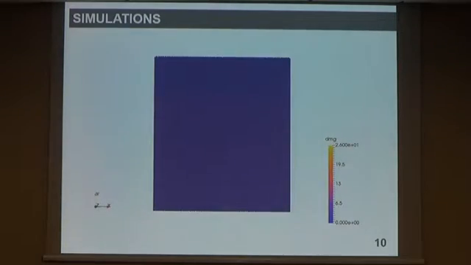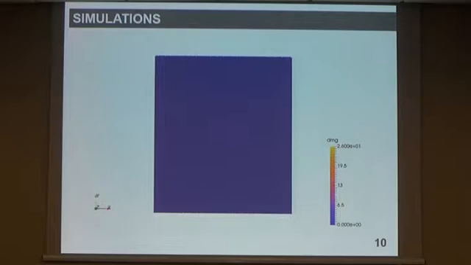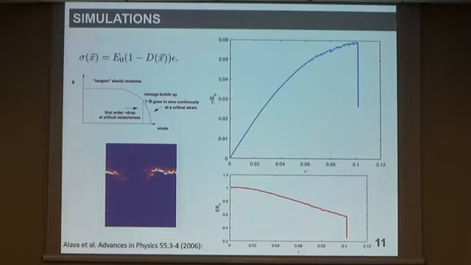Basically, we take a representative volume element and we apply a step-by-step load, and you can follow the damage formation. Here is an arbitrary scale of damage, which is the number of broken bonds in the neighborhood of each node. The domain accumulates a certain amount of damage until a crack forms and propagates, which leads to the failure of the material.